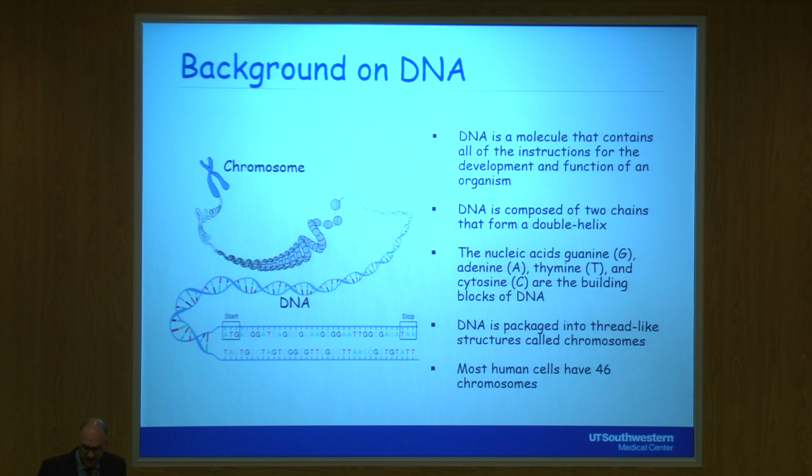This molecule is packaged into a thread-like structure called a chromosome, and most of the cells in our body have 46 chromosomes.